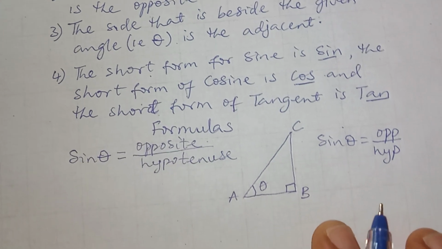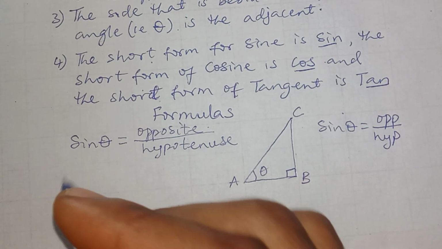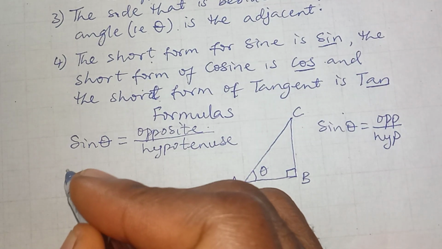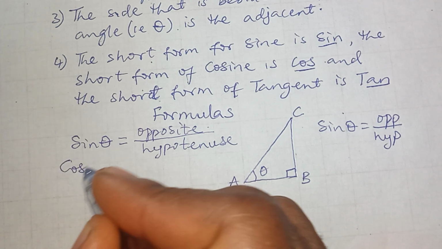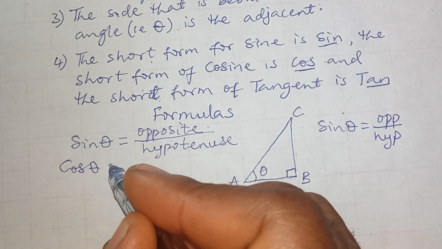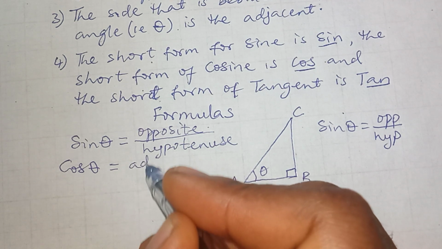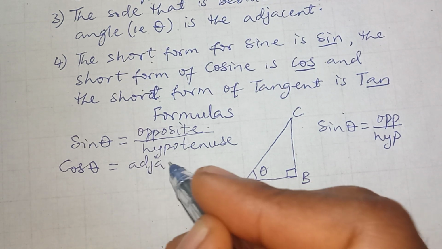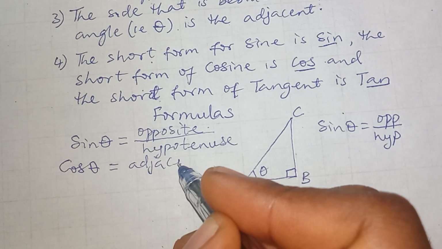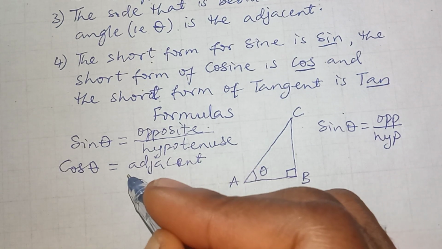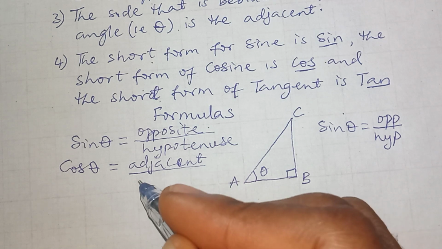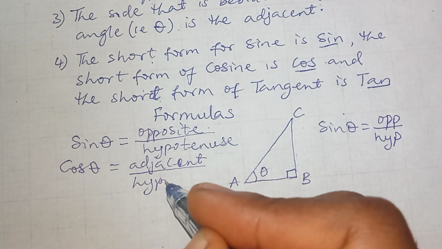The next one is cos theta. Cos theta is equal to adjacent divided by what? Hypotenuse.